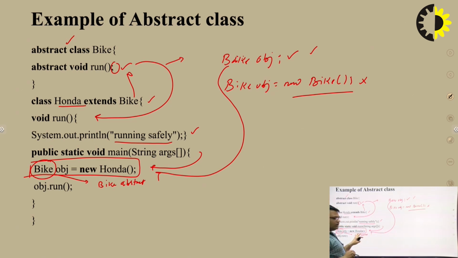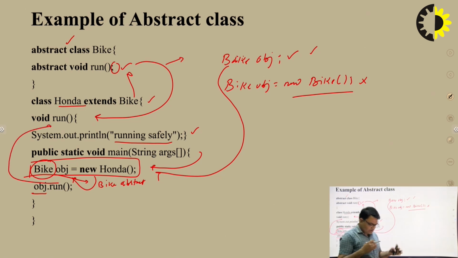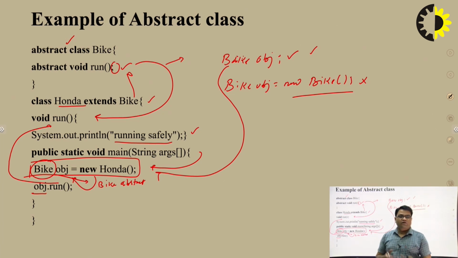So in that case, the object will be created by using the derived class, and it is assigned to the Bike abstract class reference variable. Then we call the run method. After calling it with the help of the object and dot operator, it goes to the body where we define our implementation and logic, and then it displays the value in this method, returns to the main method and displays on the console.